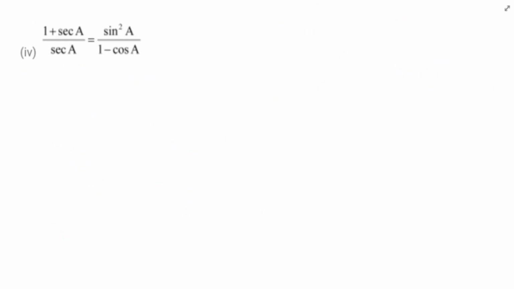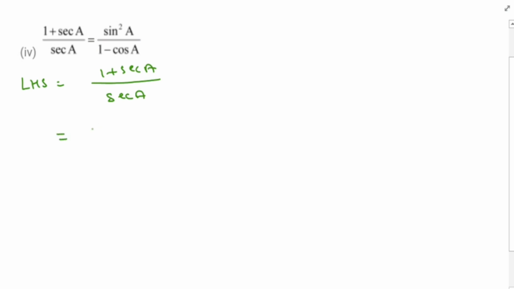Next question number 4. 1 plus secant a divided by secant a equal to sin square a divided by 1 minus cos a. Consider the LHS, 1 plus secant a divided by secant a.